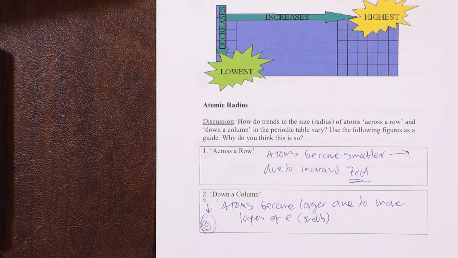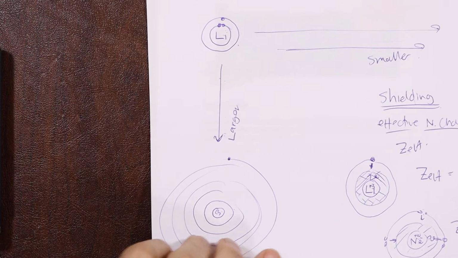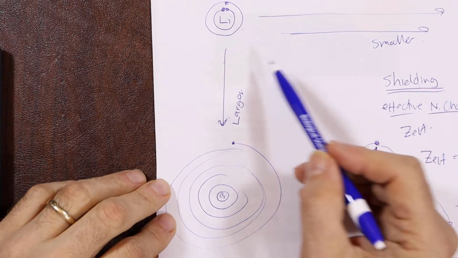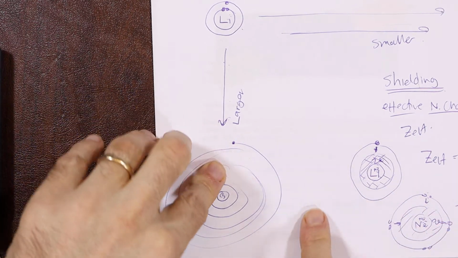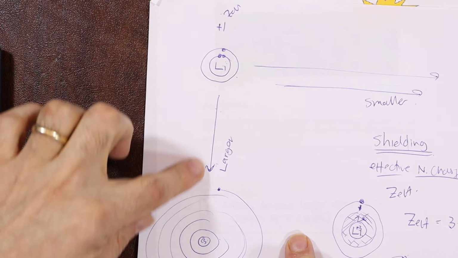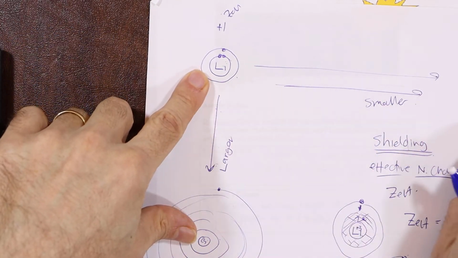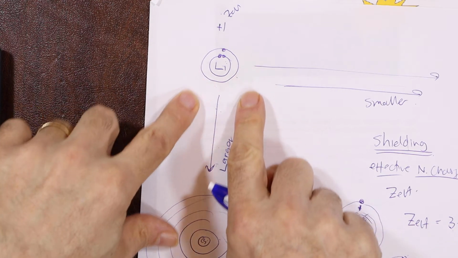All right, now, if we combine these 2 effects, what do we see about the atomic radius trend? Well, is it diagonal small to big or big to small, right? Let's look at this. Where's the largest atom in nature, top or bottom? Well, from our first trend, it's bottom, right? Where's the biggest, left or right? It's going to be left. So the biggest atoms are on the left at the bottom.